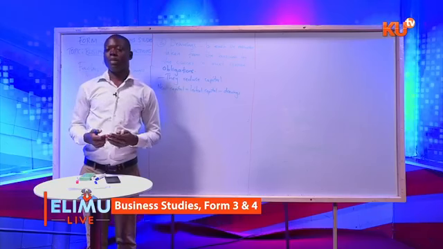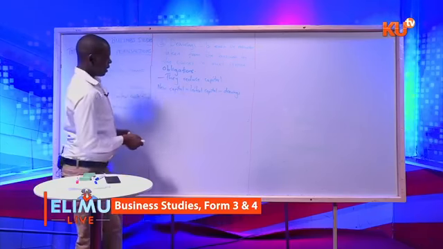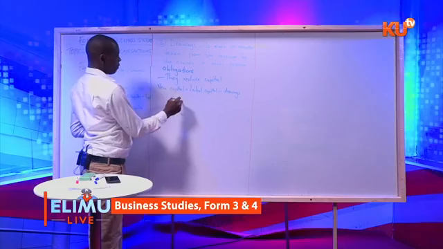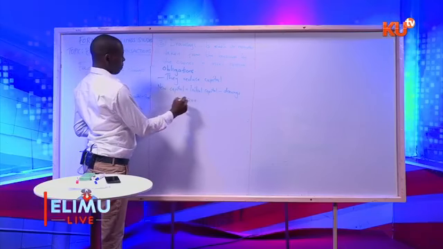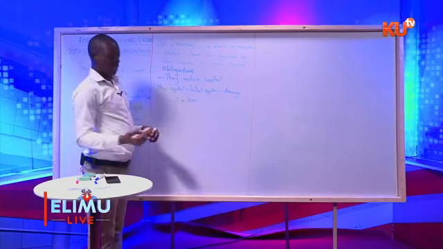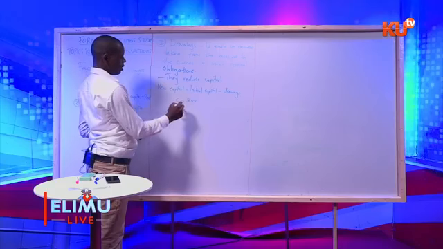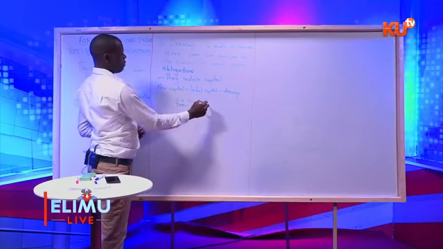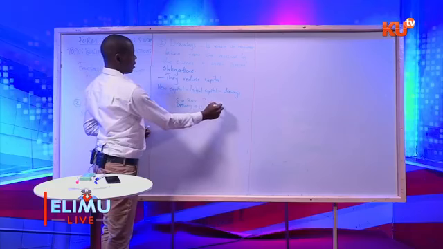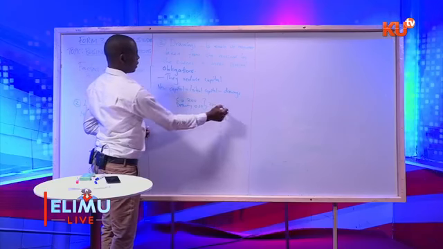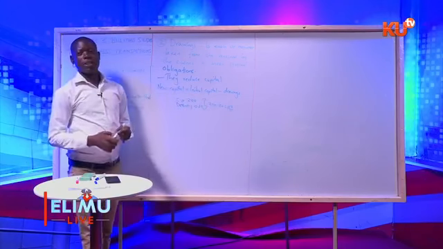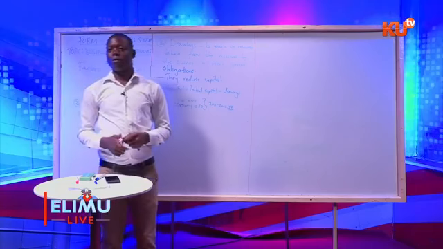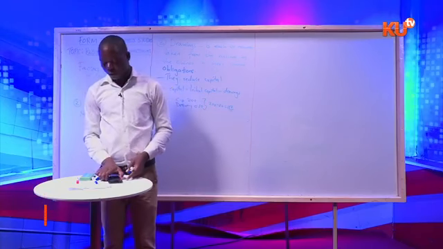If, for example, you started a business with 200, let's say your business had a capital base of 200, and you make drawings of 50. Then the new capital will be 200 less 50, which is 150 shillings. Therefore, drawings, students, have an effect of reducing capital.